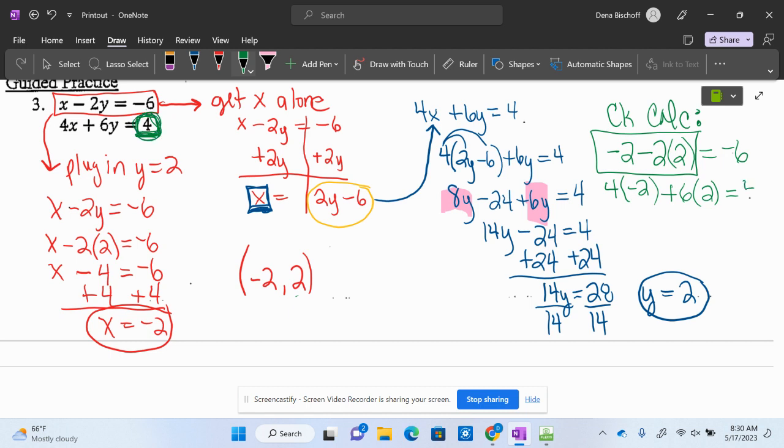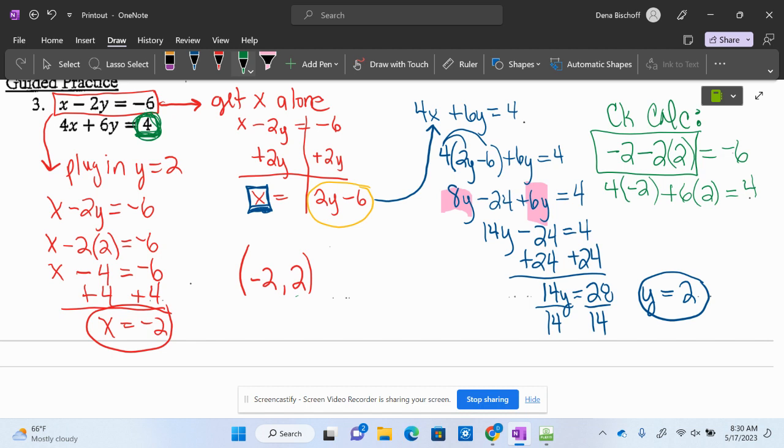That's what it says in my equation. So check it. Tell me what you get. 4 times -2 plus 6 times 2. Do we get +4? I certainly hope so, or we've made a mistake. Okay? That is substitution.